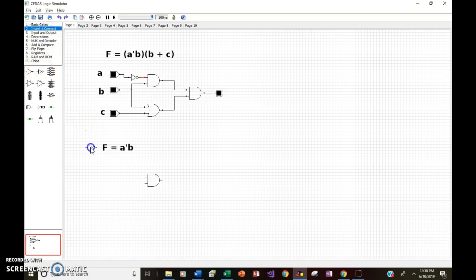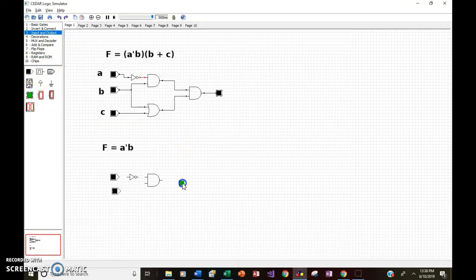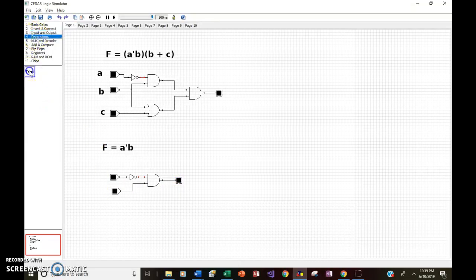You need an inverter for A. Input A. Input B. Output LED. Connect all of these. And add your text for labels.